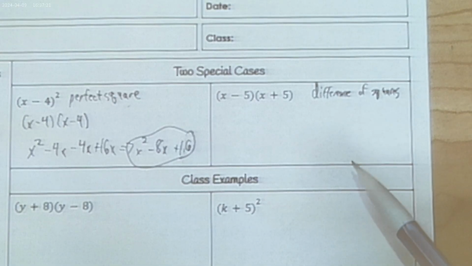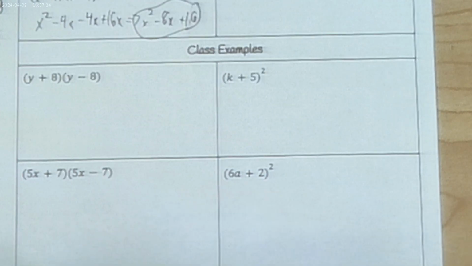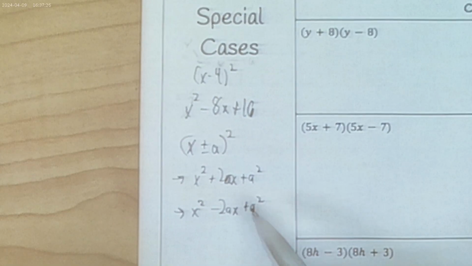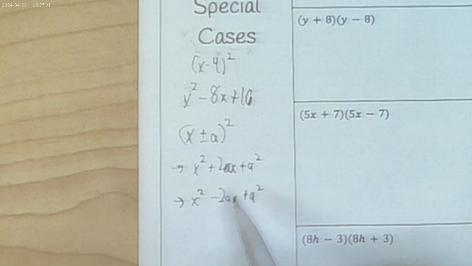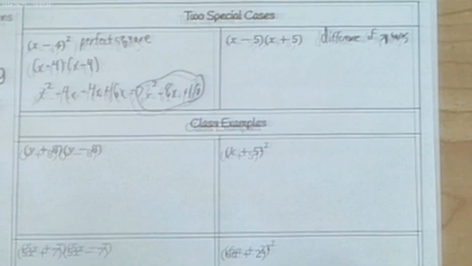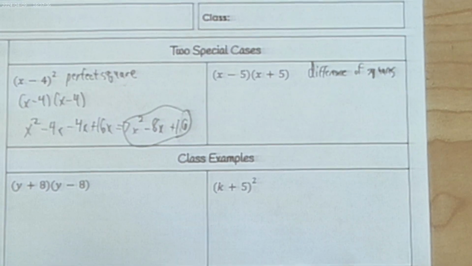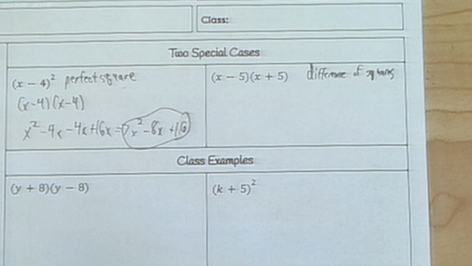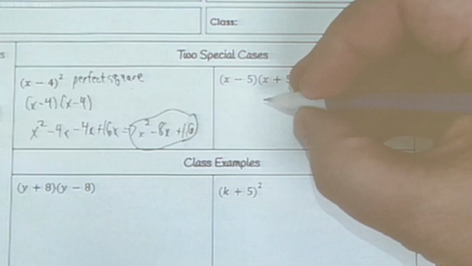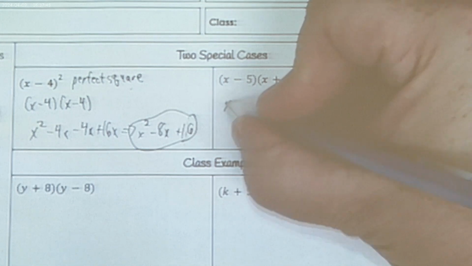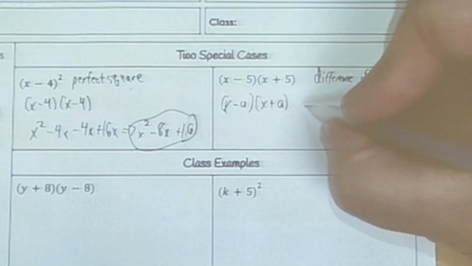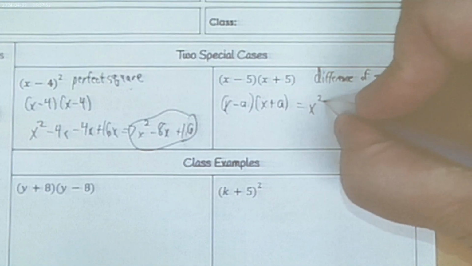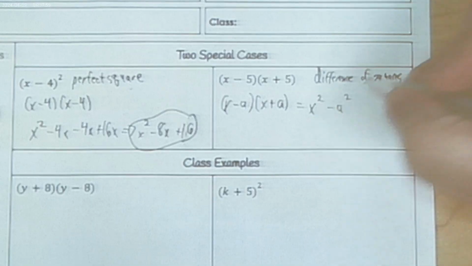Just like how the perfect square had its own special rule that you can memorize, that always works out, this one also has the same rule. And honestly, it's a lot easier to remember. If you have x minus a, x plus a, it is always going to equal x squared minus a squared.